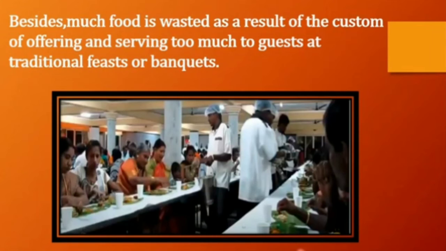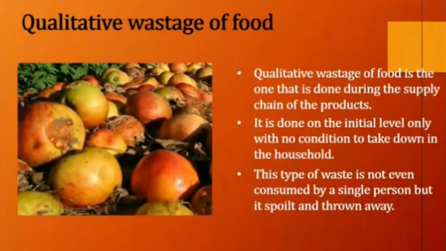Besides, much food is wasted as a result of the custom of offering and serving too much to guests at traditional feasts or banquets. Qualitative wastage of food is one that is done during the supply chain of the products.